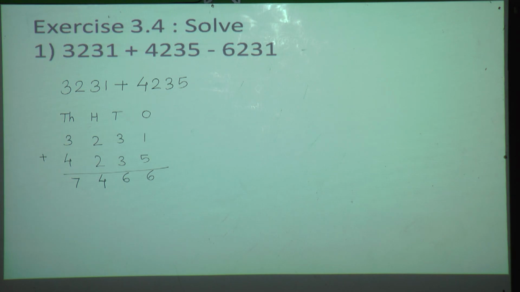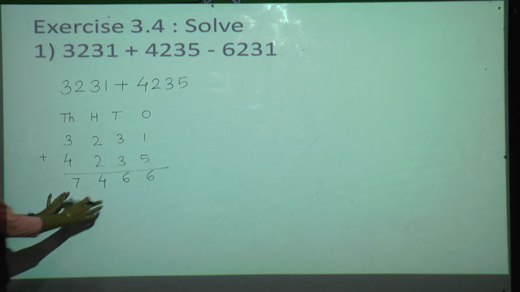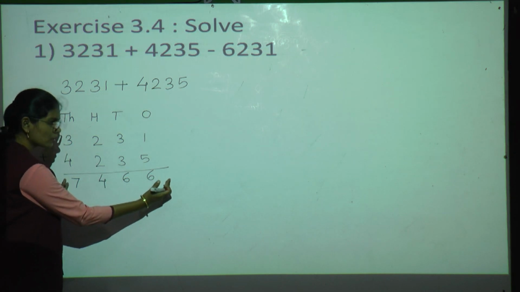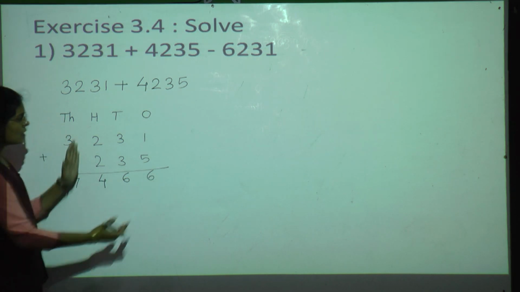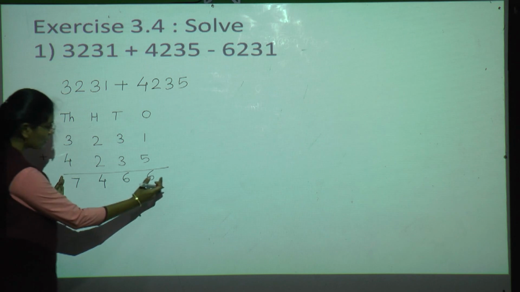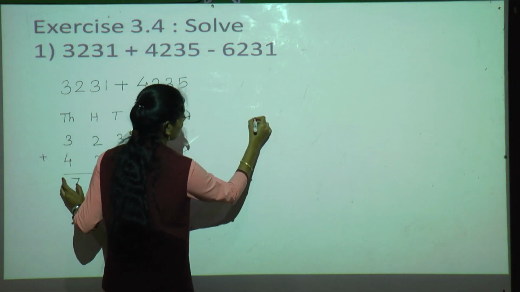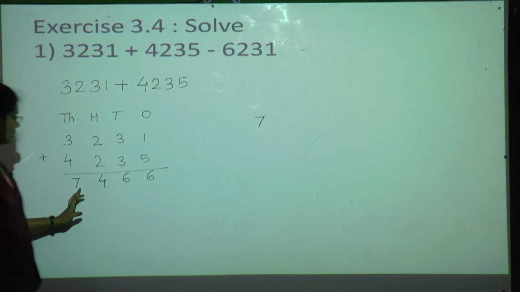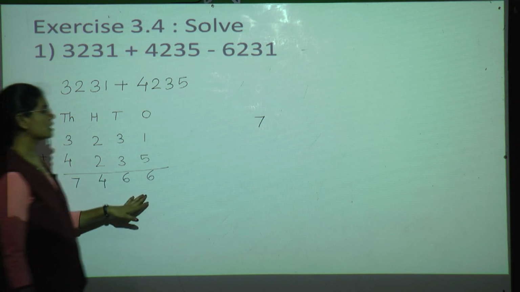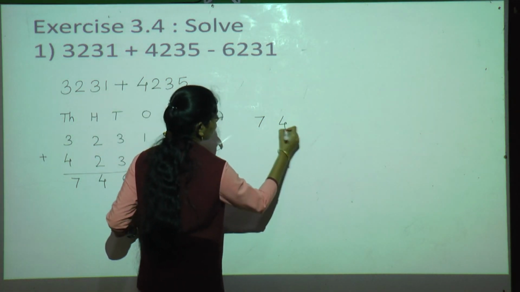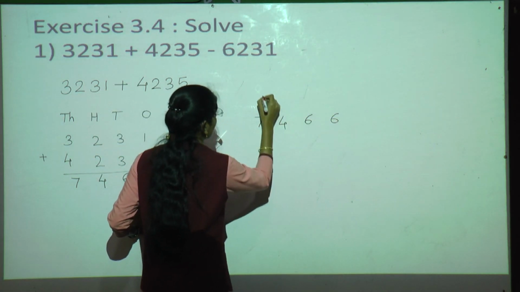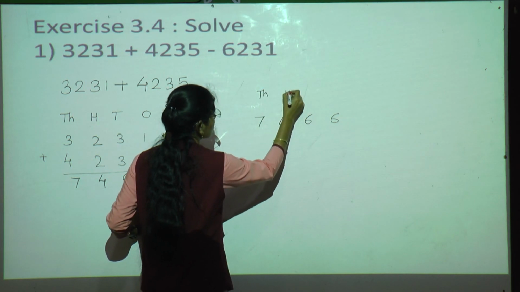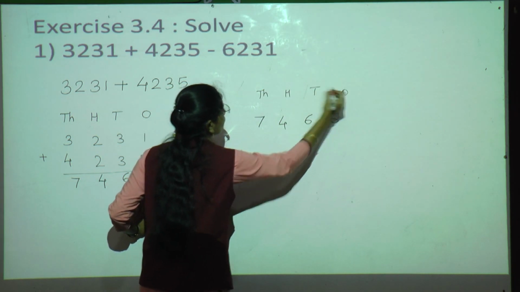Now from this sum what you have to do? From the sum subtract the number with the minus sign before it. So first of all we will write this sum, 7466, with their places: thousands, hundreds, tens and ones.